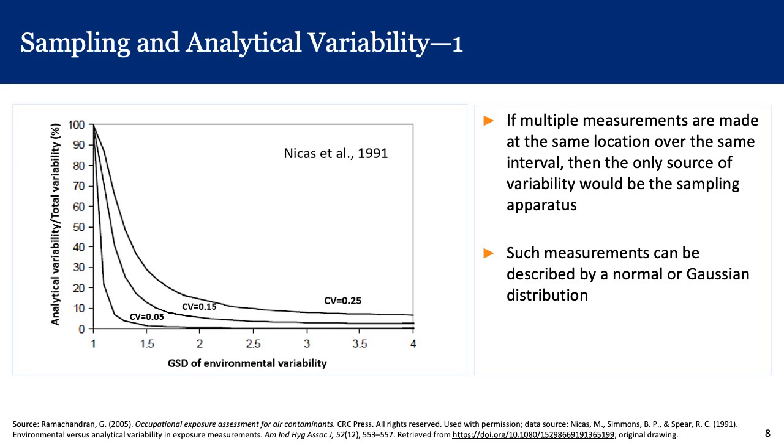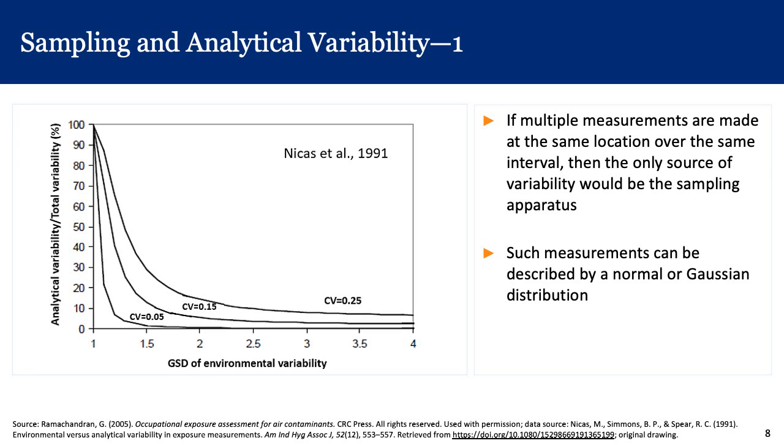In most workplace settings and most environmental settings, the geometric standard deviation of environmental variability is somewhere between 1.5 and 3.5. And in this region, if you have a fairly precise measurement, such as these three curves shown here, then the analytical variability contributes a very small percentage to the total variability. And that's what this graph is showing.